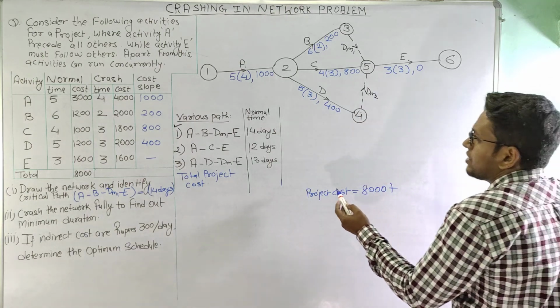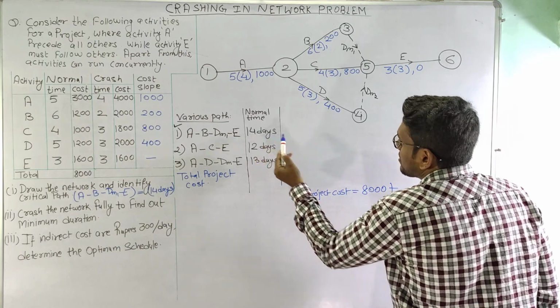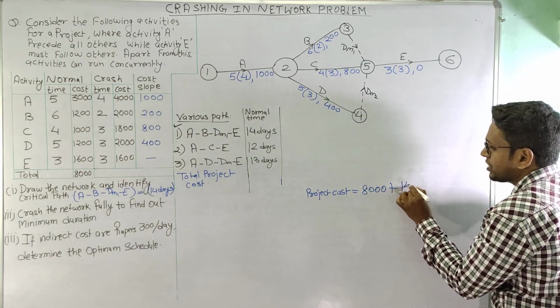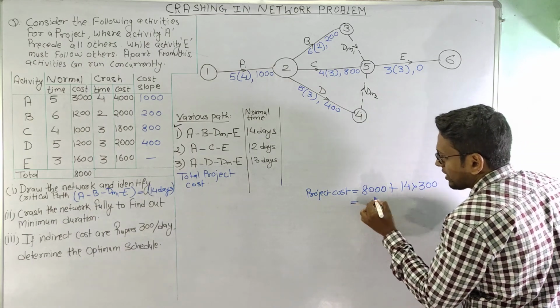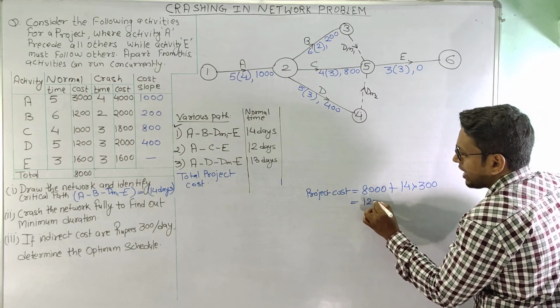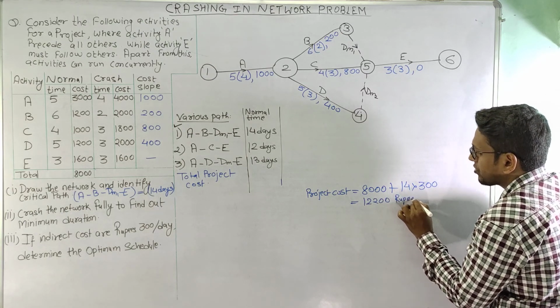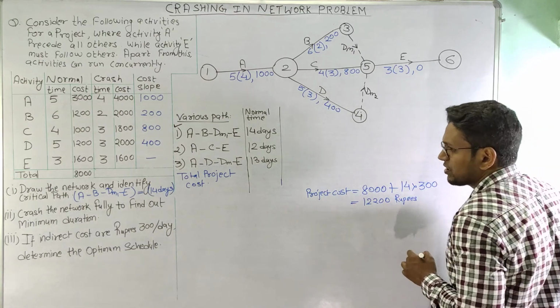So indirect costs are rupees 300 per day. So we know that the critical path for normal time is coming as 14 days. So we will have the indirect cost for 14 days. So 14 into 300. So as of normal time we will have this many rupees as our total project cost.